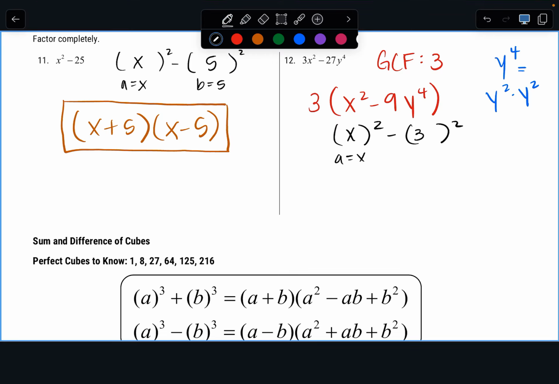I need to know what is getting multiplied by itself to make y to the power of 4, the same way I looked at 25 and saw it was 5 times 5. Looking at y to the power of 4, I need to think of that as y to the power of 2 times y to the power of 2, because that is going to change my b term. So my b in this case is 3y squared.